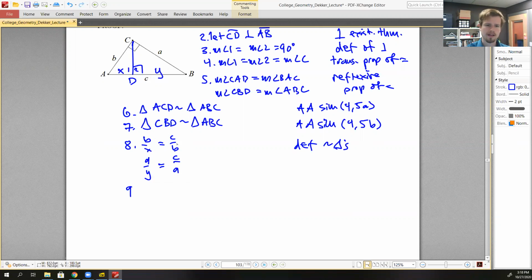If we multiply this equation by bx, that removes the fractions and gives us that b squared is equal to cx. If we multiply this equation by ay, then we get that a squared is equal to cy.